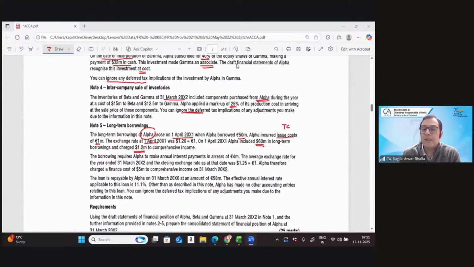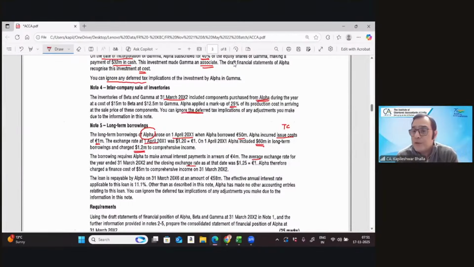Then he says the borrowing requires you to make an annual payment of interest in arrears, to the extent of 4 million euro. The average exchange rate is given and the closing exchange rate is given, and both of them are 1.25. Alpha therefore charged a finance cost of $5 million to the comprehensive income. Now, what he's done, he has taken the interest of 4 million in this particular case.